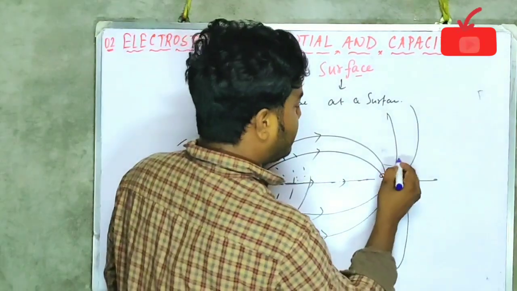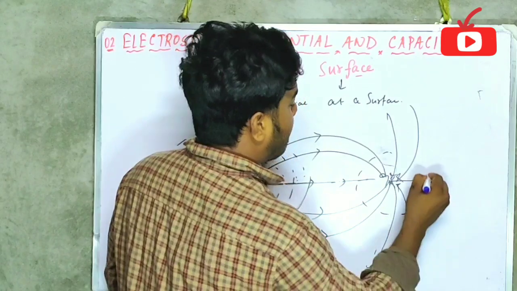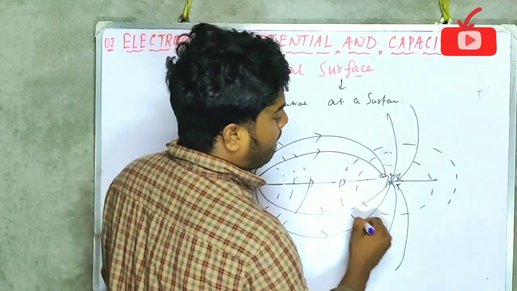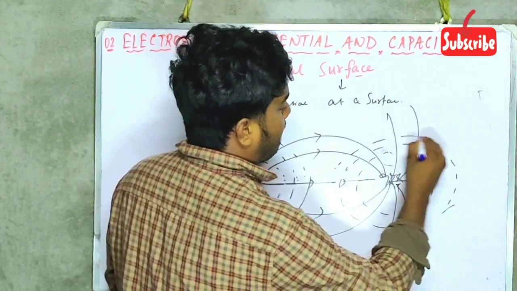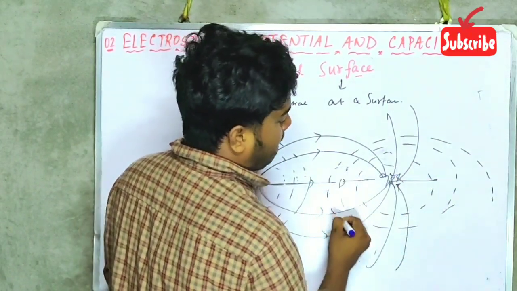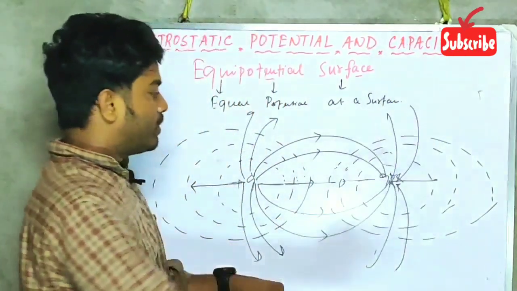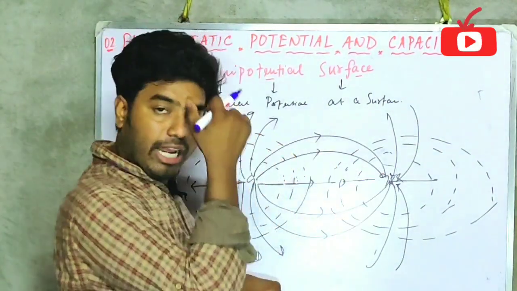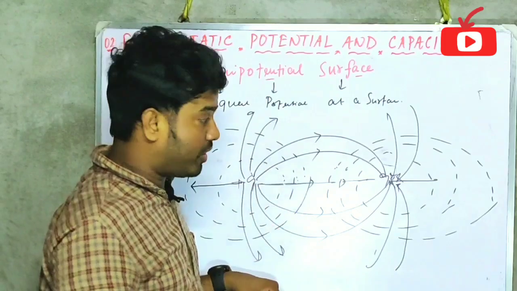Here also the same. So this is the equipotential surface for a dipole, that is, a positive and a negative charge.